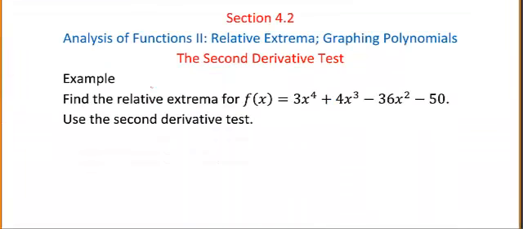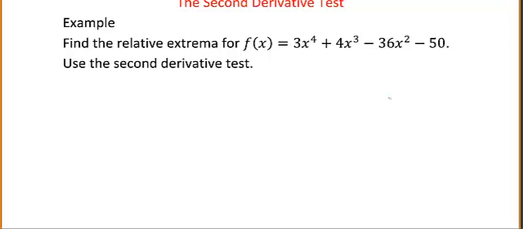Let's take a look at an example here. We have f of x equal to 3x to the fourth plus 4x to the third minus 36x squared minus 50. Let's calculate the first derivative. The first thing we're going to do is find the critical points, where the first derivative is 0 or undefined.